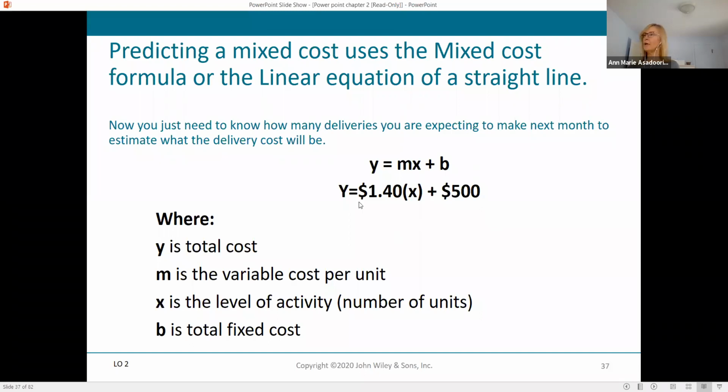So as I said, you know how to calculate variable per unit times expected volume. You know how to predict fixed. That's the easiest. It's going to be the same. Add the two back together and you have your projection for next month. Your delivery is going to behave like this straight line. Does it make sense?